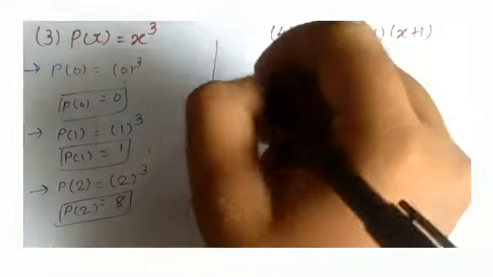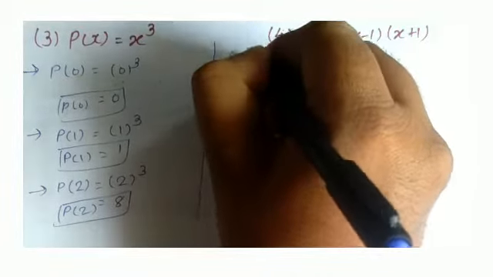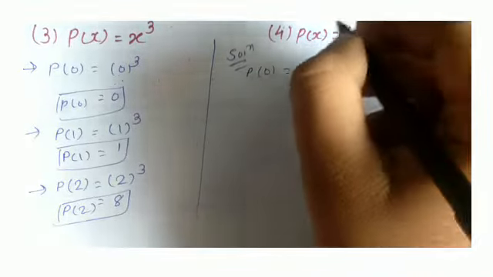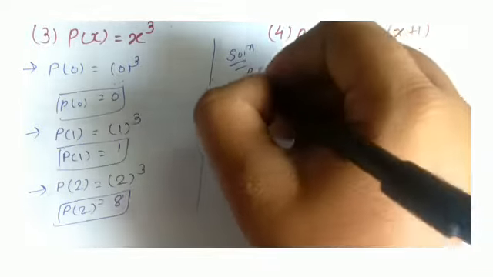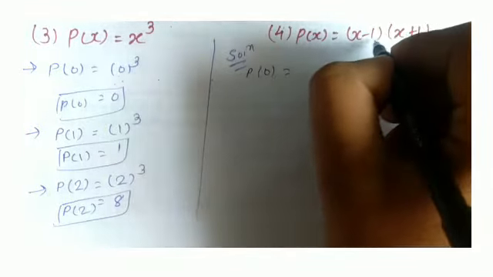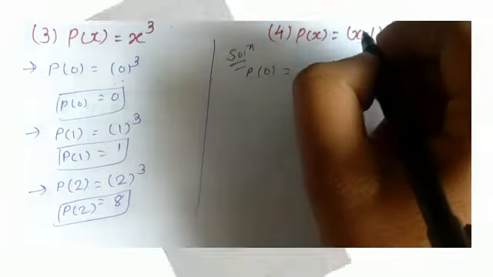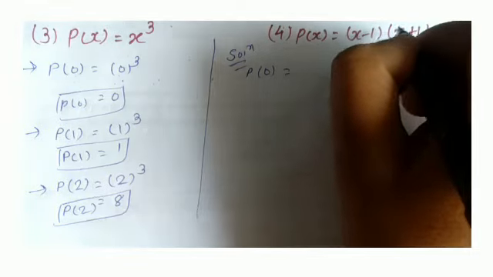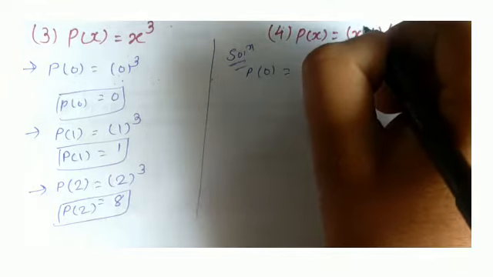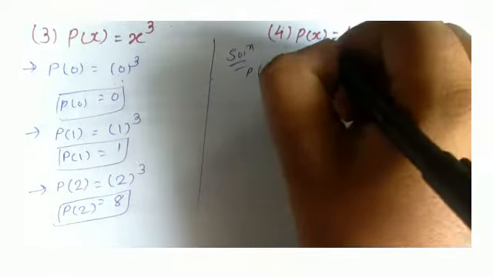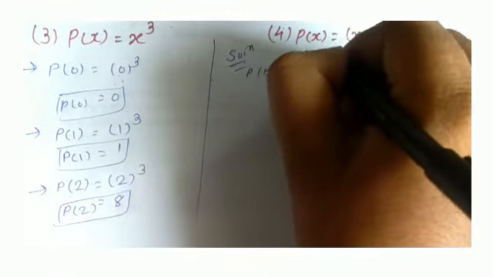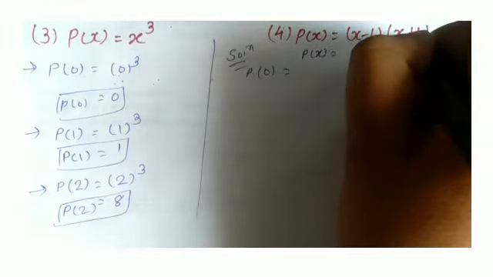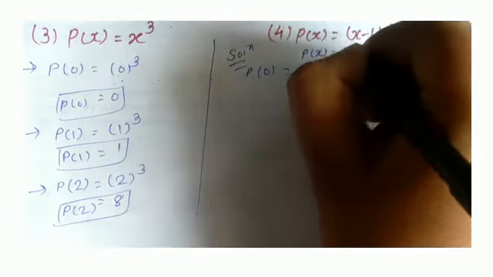Now the fourth one. Solution: before we solve p of 0, we sort out x minus 1 and x plus 1 by expansion. Actually, this is the formula of x square minus 1. So p of x is equal to x into x, x square, and minus x plus x minus 1.